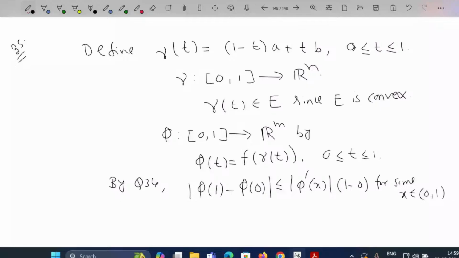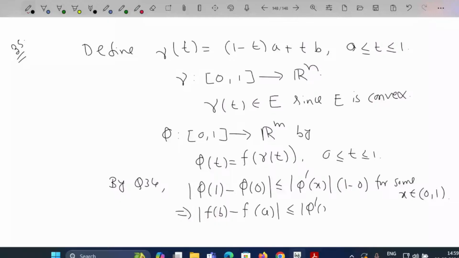By question 34. So now what is phi of 1? Phi of 1 is f of gamma of 1, which is f of b. So this implies mod of f of b minus f of a, since phi of 0 is f of gamma of 0, and gamma of 0 is a, is less than or equal to mod of phi dash x.